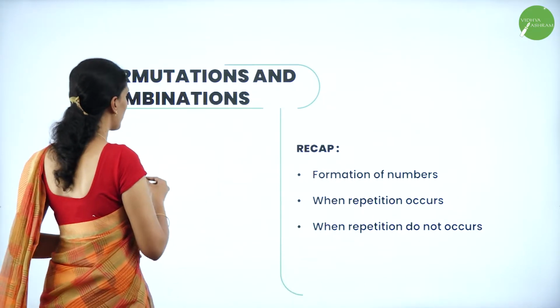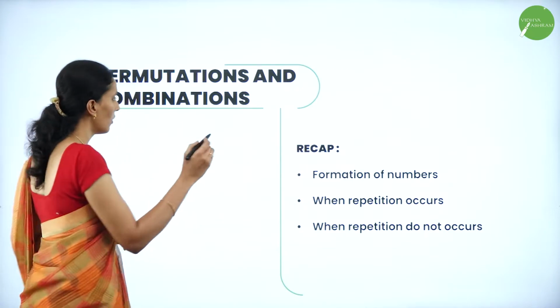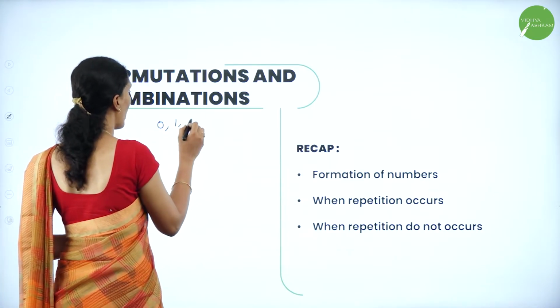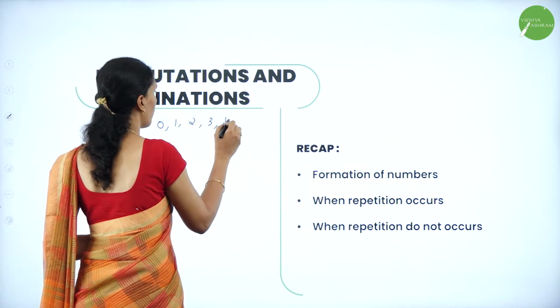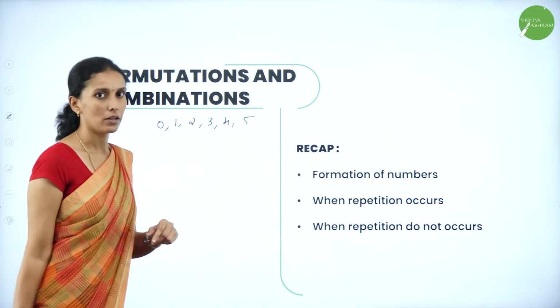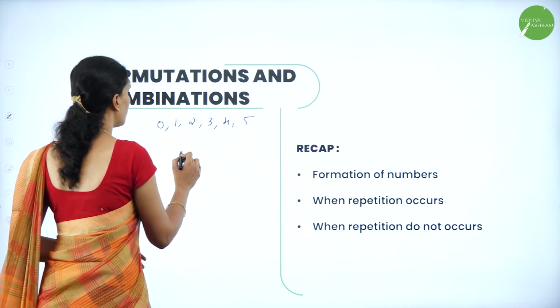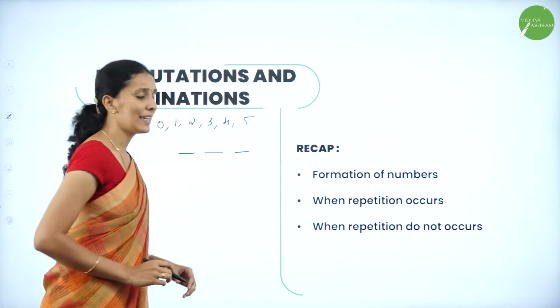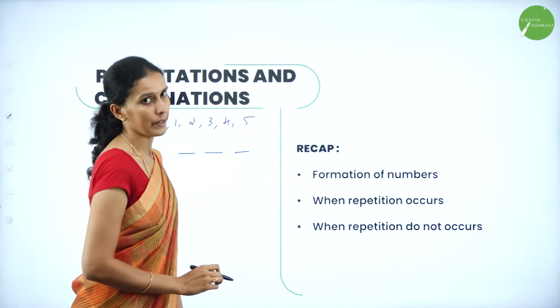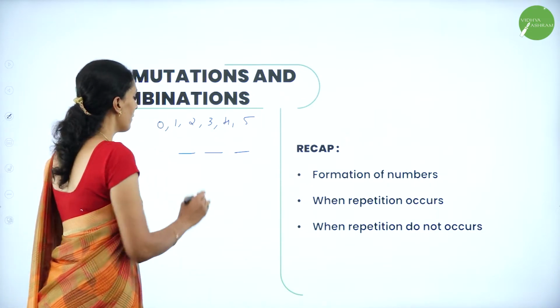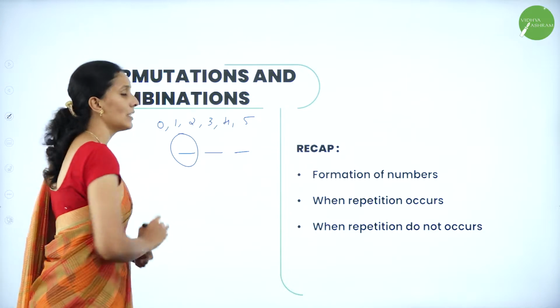For example, form a 3-digit number where the numbers 0, 1, 2, 3, 4, 5 are given. So we are supposed to form a 3-digit number. Let me consider that no digit is being repeated. Therefore, we have a restriction here in the hundreds place.